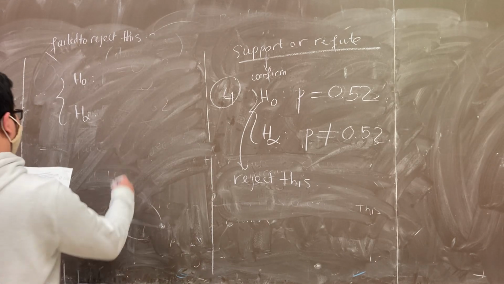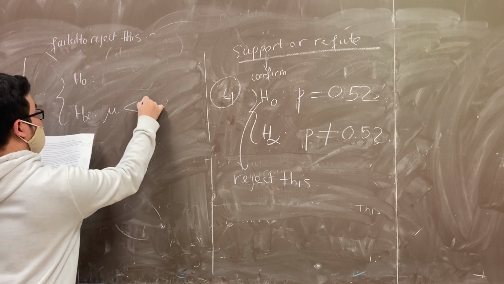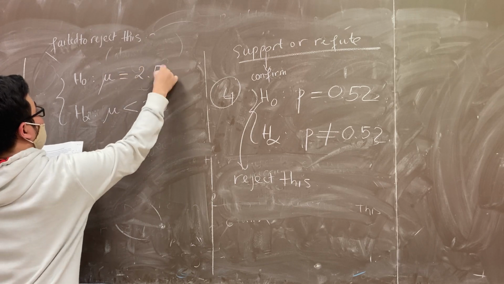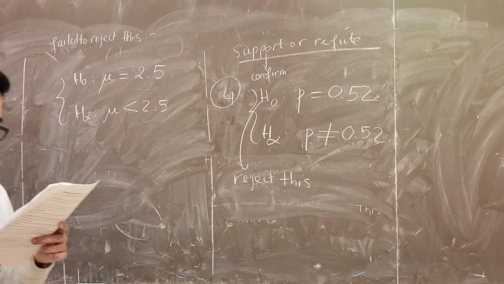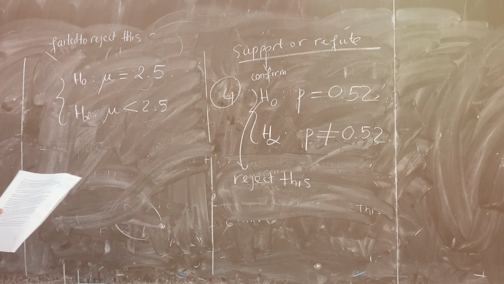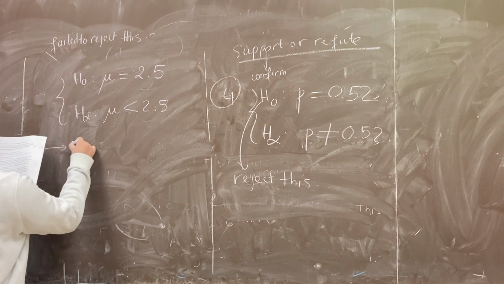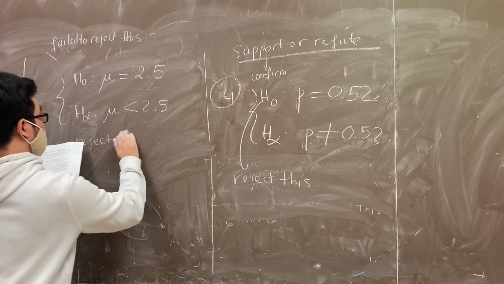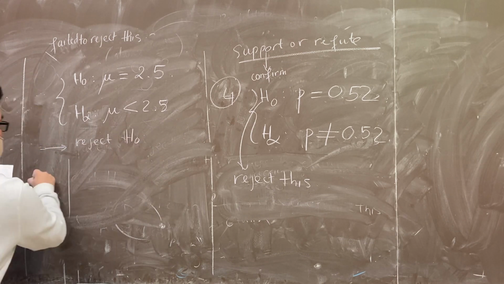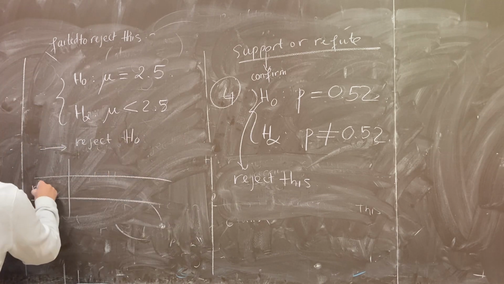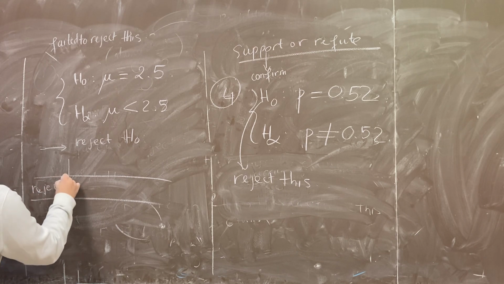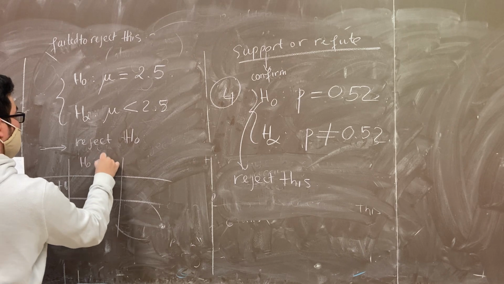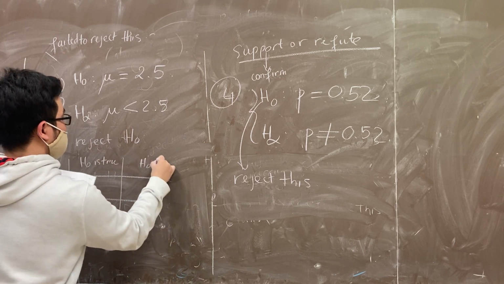So mu here is less than 2.5 and the null hypothesis here is 2.5. And the decision here is to reject the null. So we look at the table. Reject X0. We have two cases: X0 is true, X0 is false.